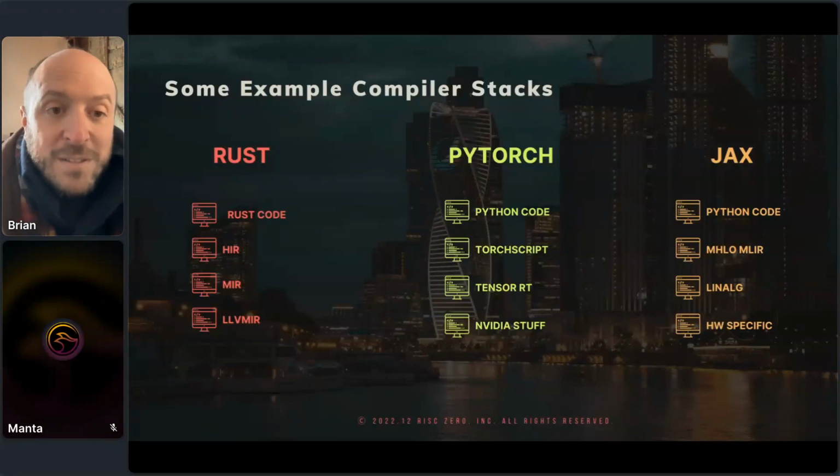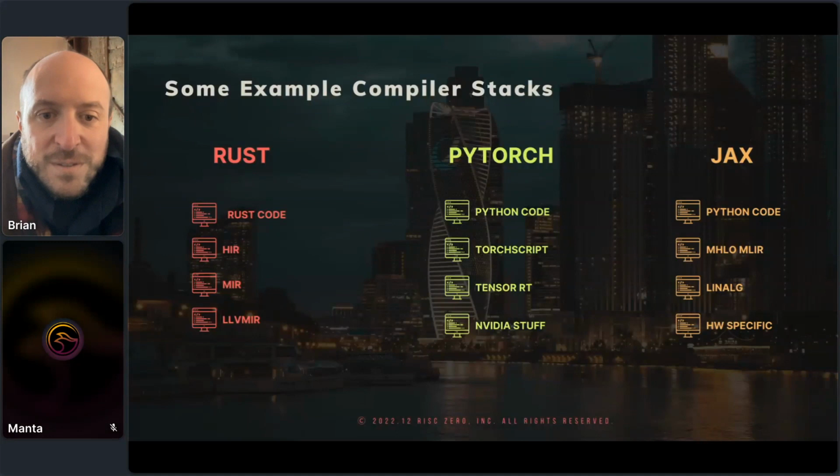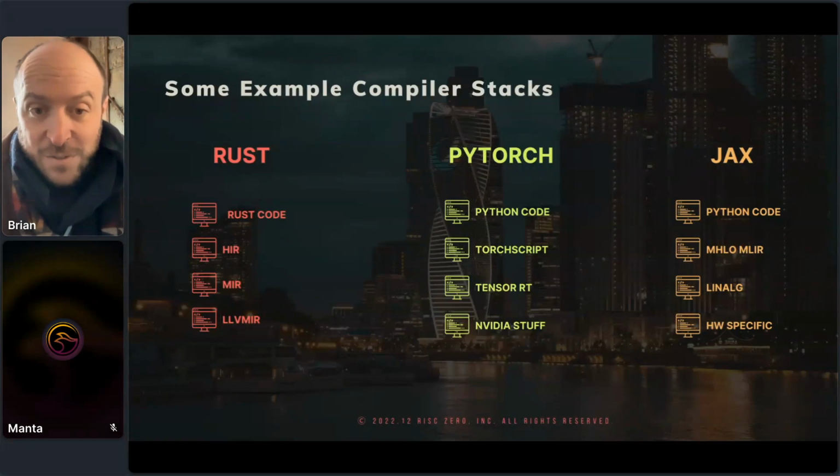So, Rust itself has two layers of transformation that happen before it gets down to LLVM, which then, depending on which hardware target you're targeting, has its own massive other abstractions and optimizations that it goes through.